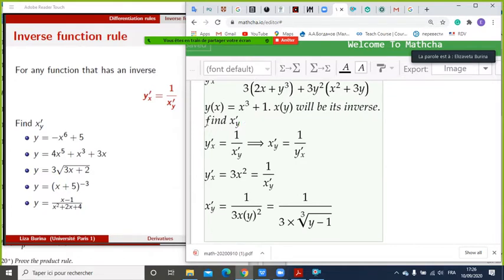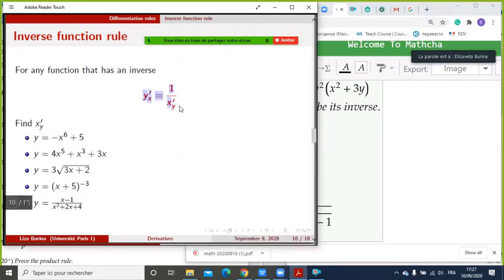And when I say find x prime y, you can just tell me, well, find an inverse first and then find a derivative. What's the big deal? But this is perfectly fine. What I want to demonstrate is that this works. So the derivative of a function will be equal to 1 over the derivative of its inverse.